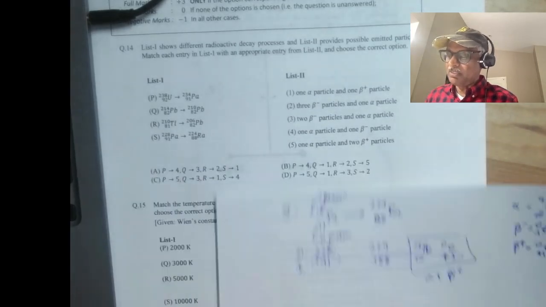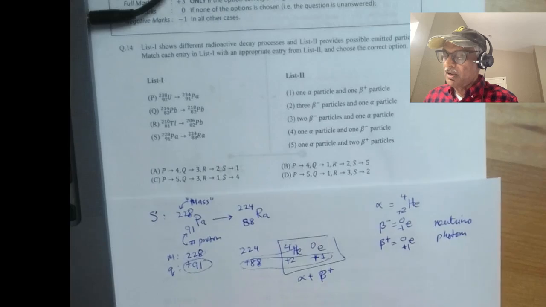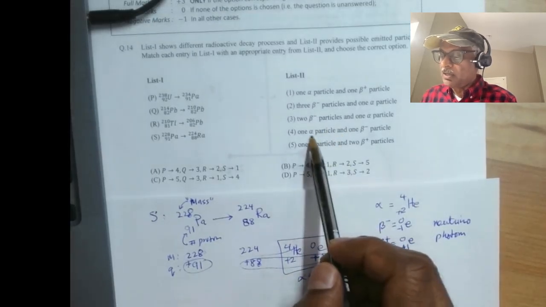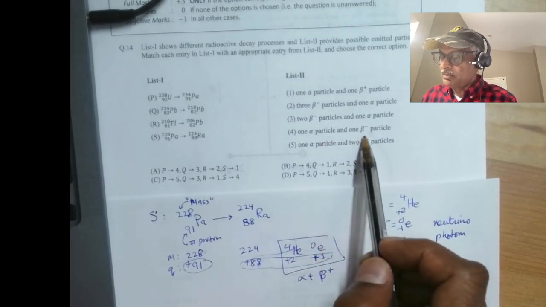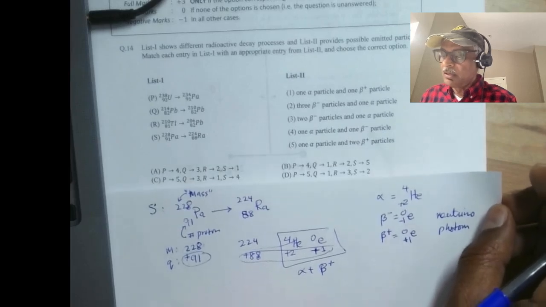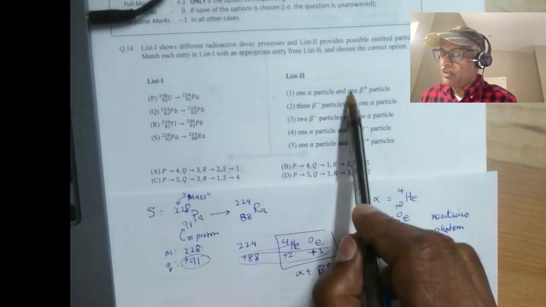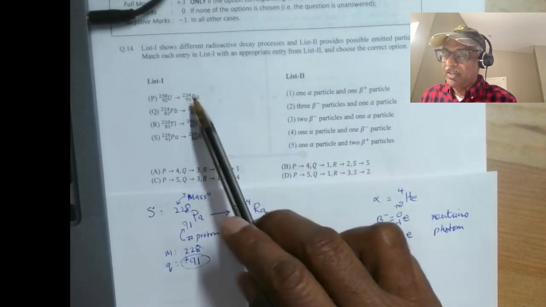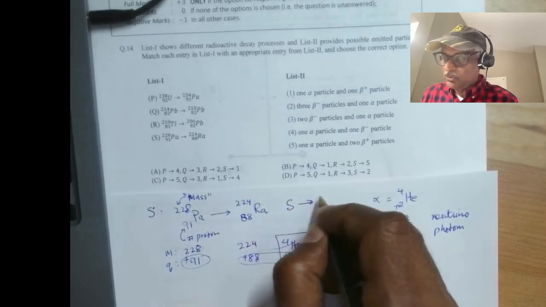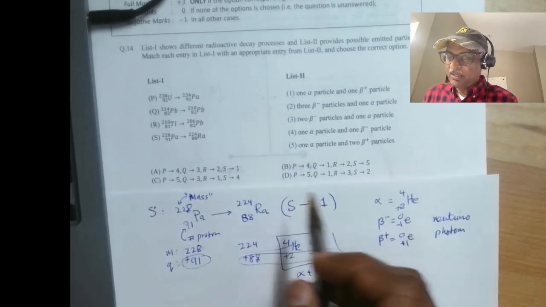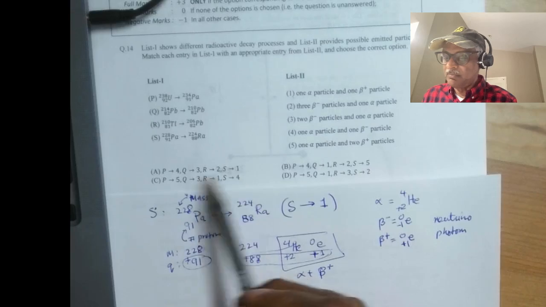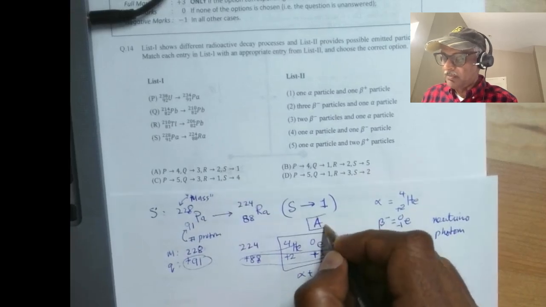So let's look at which one it is: one alpha and one beta plus particles. So S goes to 1. That's the answer, S goes to 1, and so the answer is A.